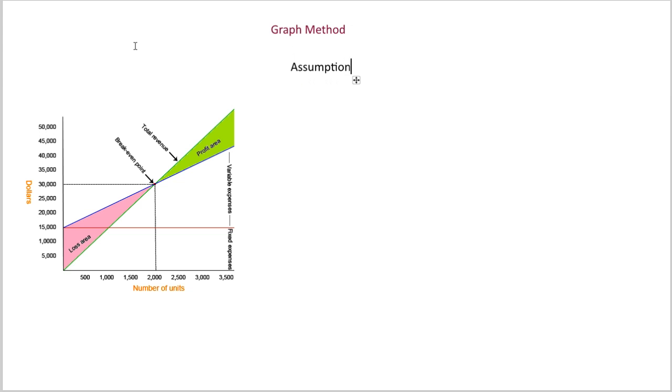So we will look at the assumption, that is that total cost and total revenues behave in a linear way. As you can see here, the two lines on the graph both behave in a linear way.